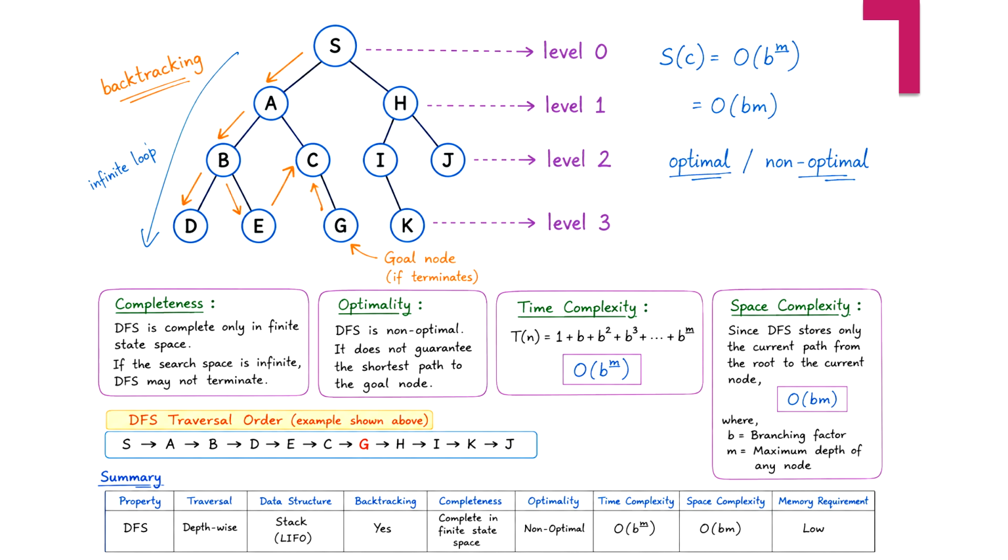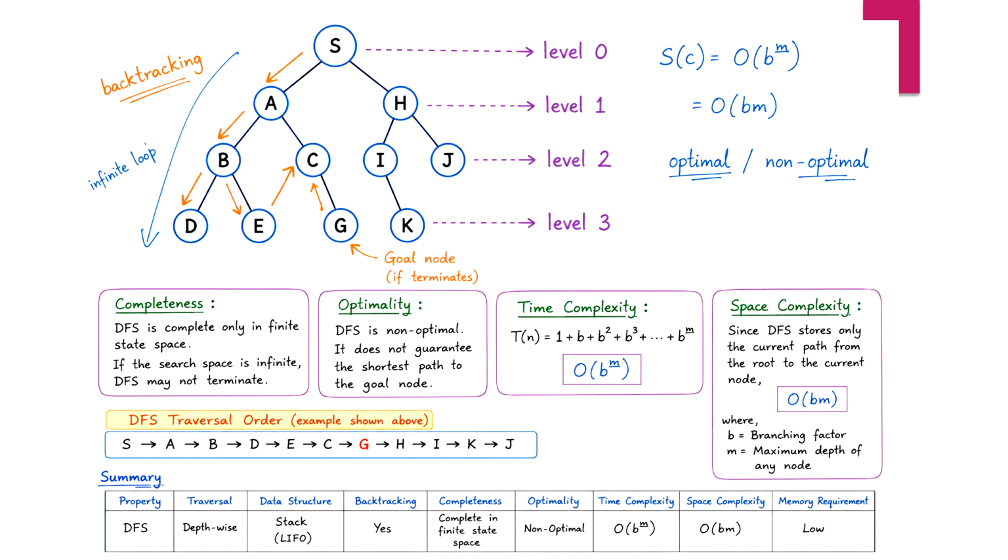Backtracking means there is no child node, so it goes to the previous node. Then B is already visited, so it will go to E. E also has no child node, so it will backtrack again and go to B.